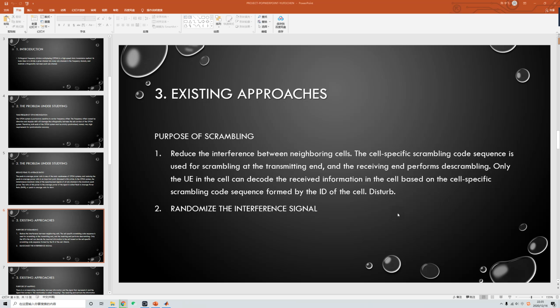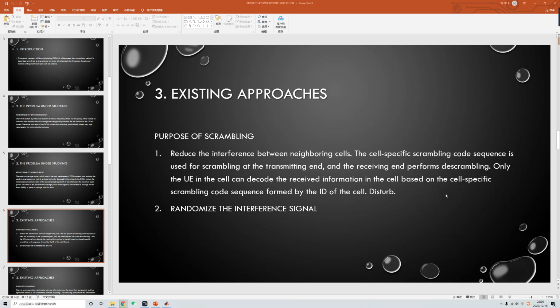The first one is scrambling. I want to talk about the purpose of scrambling. The reason why we need to do that is, first, to reduce interference between neighboring cells. The cell-specific scrambling code sequence is used to scramble at the transmitting end, and the receiving end performs descrambling.